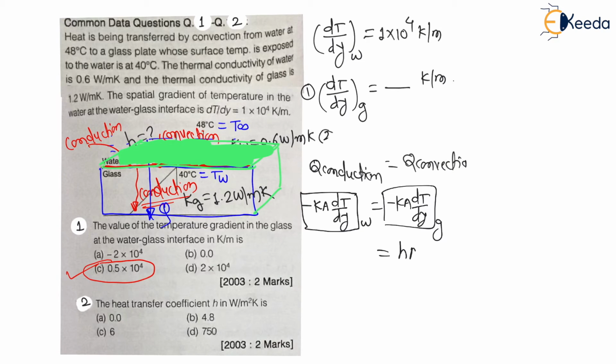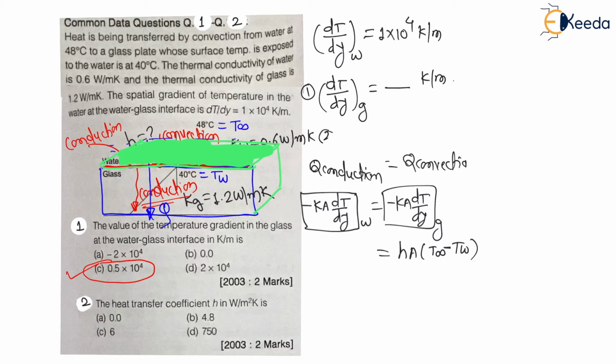Convection is nothing but hA times the temperature difference, that is, T infinity minus wall temperature T wall. Now my dear students, take care that this temperature gradient is negative, but in the question they have provided positive values. With change in distance, temperature decreases, which we have already seen.